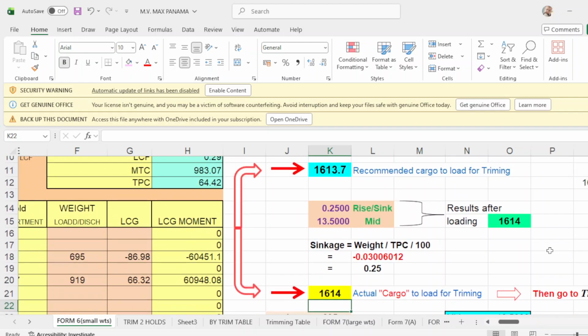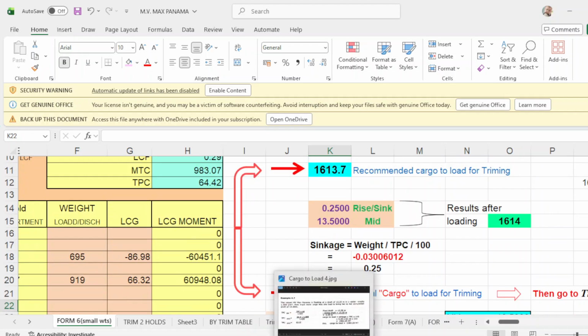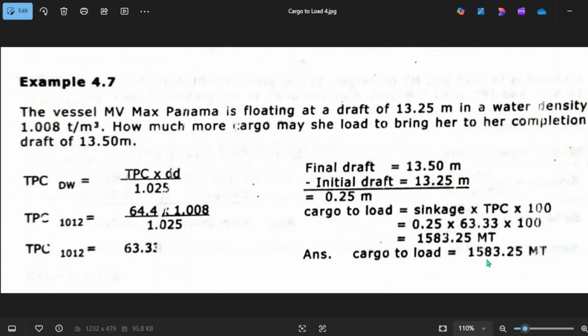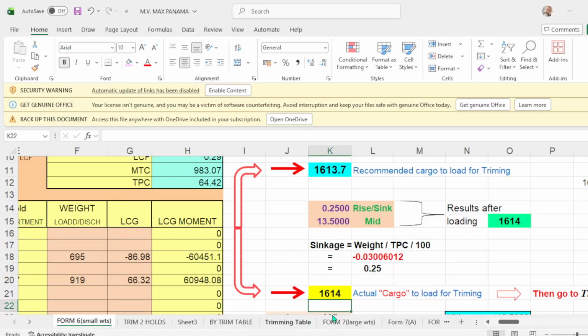Now, let's say the example is you load 1583, for the sake of computation.